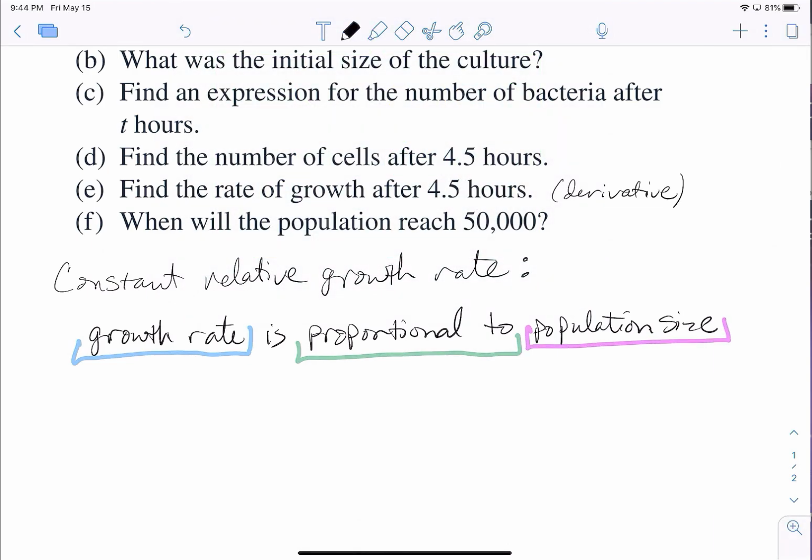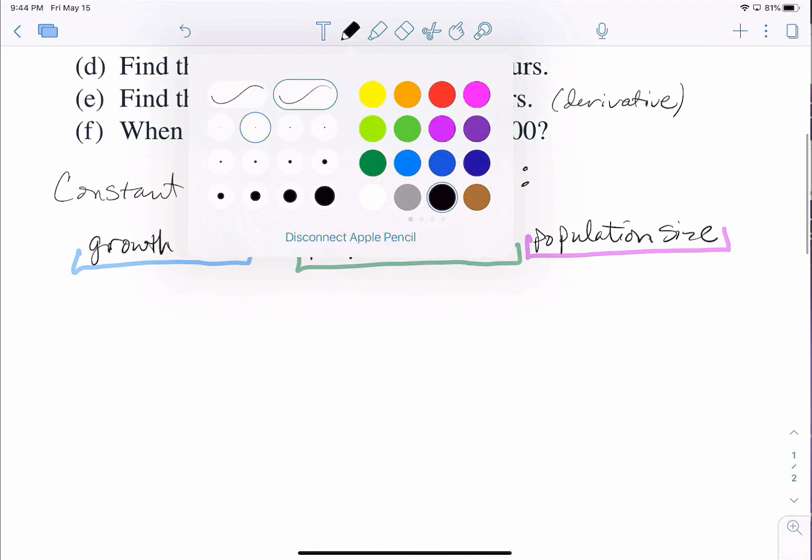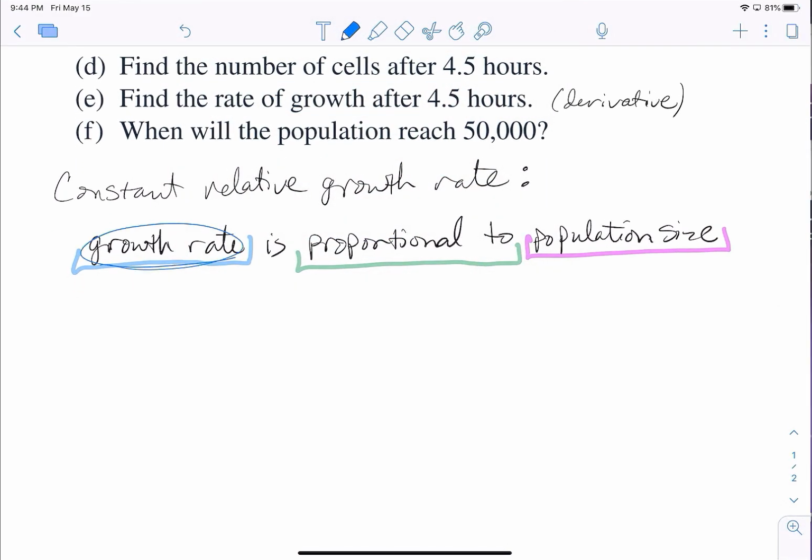We're going to turn that into a proportion equation. Growth rate. Thinking about things in terms of calculus, the rate at which the population is growing.